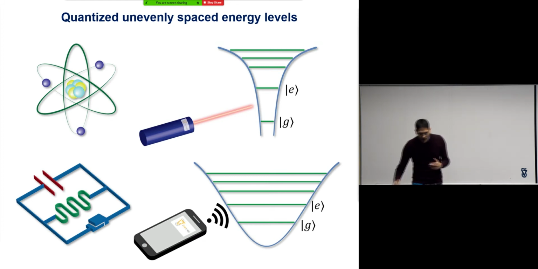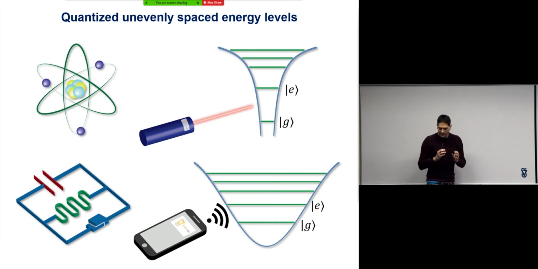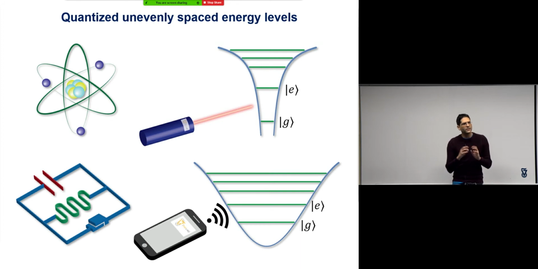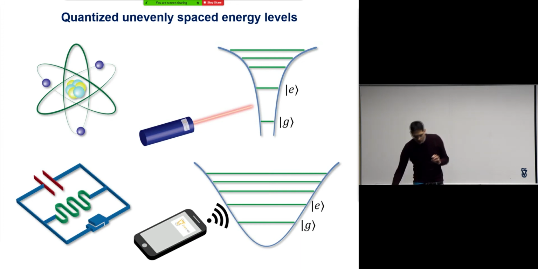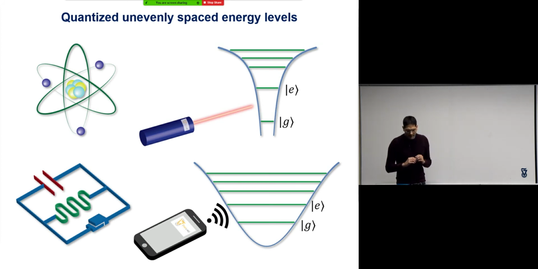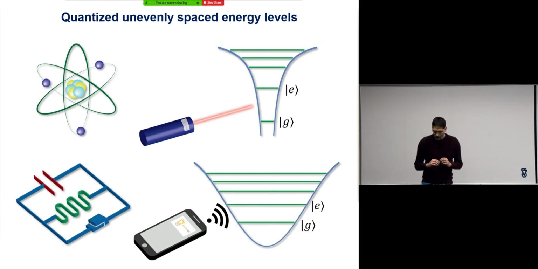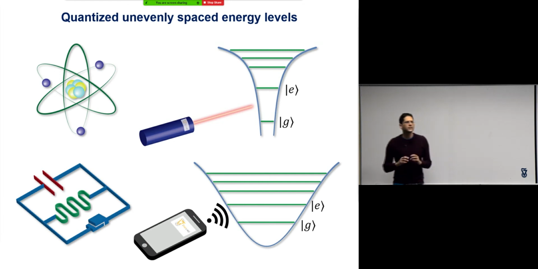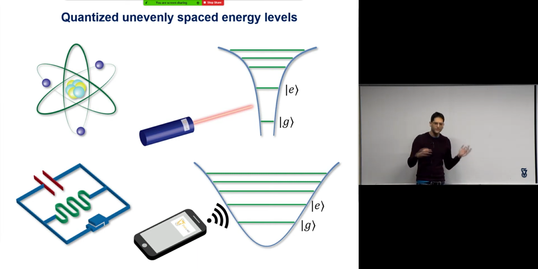But in the same way that you can think of an atom as a two-level system, you're building a circuit, and we're going to understand how this circuit is quantized, but you're building a circuit where you have quantized energy levels, and you pick two of these quantized energy levels, and typically the transition frequencies of these energy levels are in the gigahertz range, the low gigahertz range, 5, 7, somewhere between 4 and 8 gigahertz. And this forms the qubit.